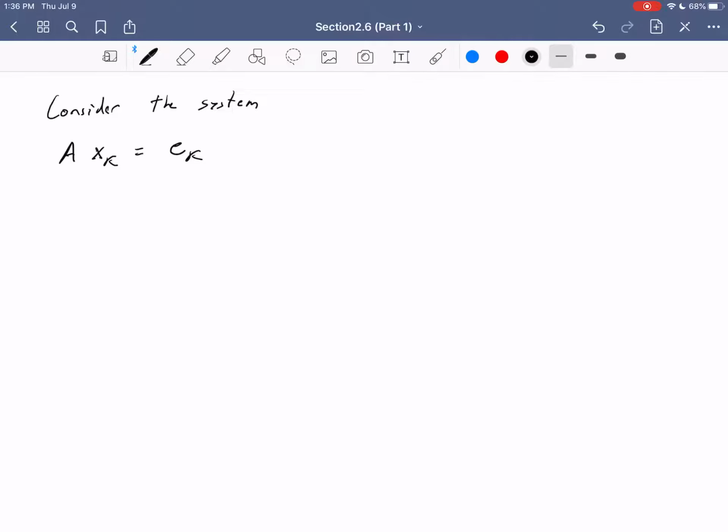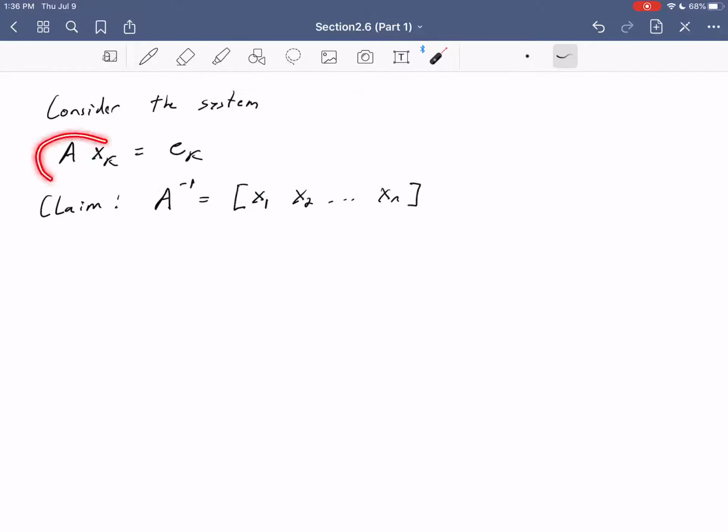We're going to claim that the solution vectors, if we use those as the columns, form our inverse. So we're going to claim that A inverse is equal to x1, x2, down to xn. In other words, we claim that our inverse matrix has columns made up of the solutions to these systems. So this is our claim.